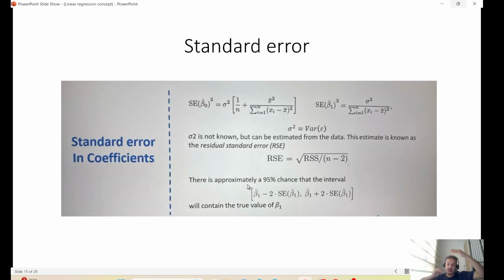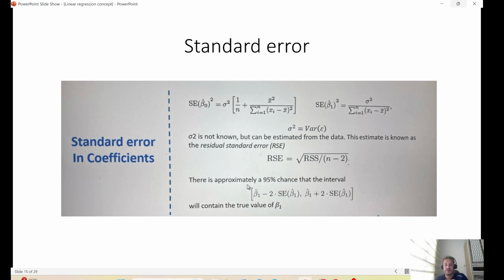So if you choose different samples and beta 0 and beta 1 keep changing, the goal is to find where your beta 1 and beta 0 are not changing. If they are not changing, that means you reached the point where there is not much difference.